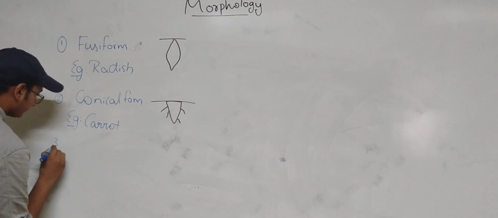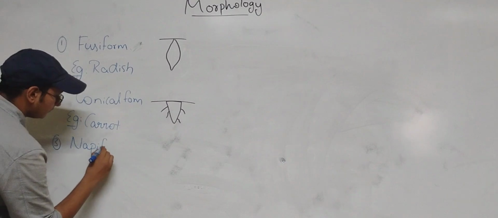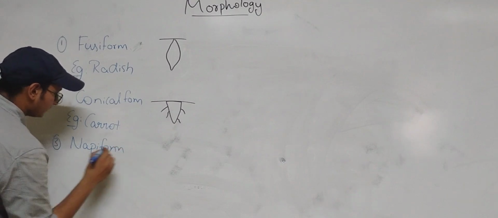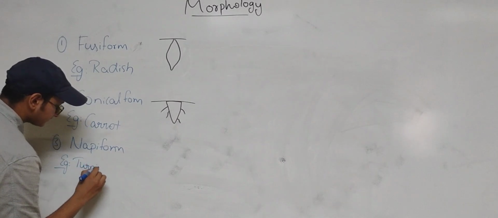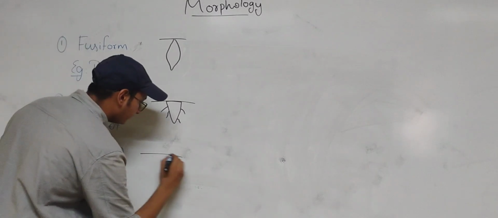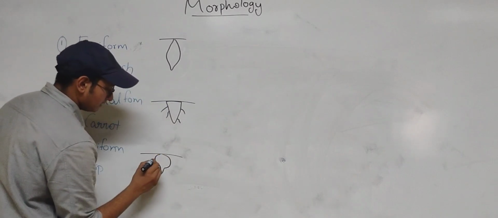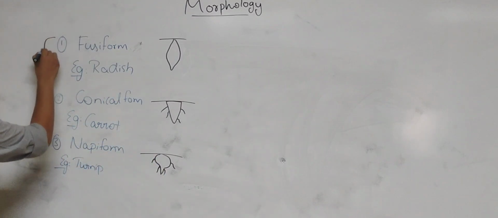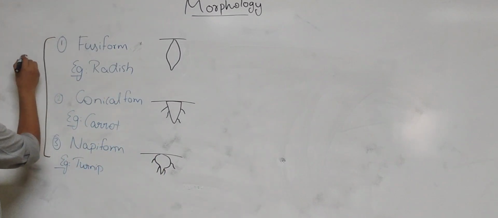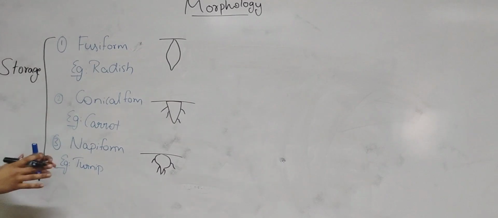The third one is napiform, which we can see in turnip. It is bulgy in the beginning and pointed at the tip. This is how it looks. All of them are for storage of food.